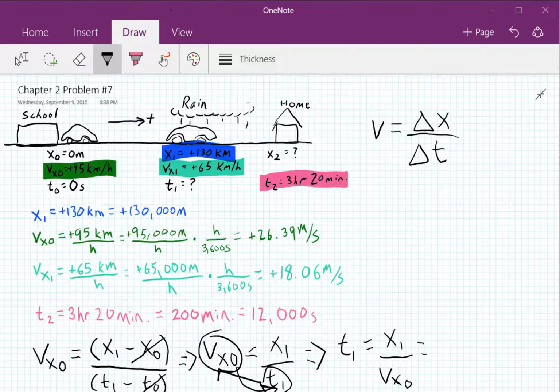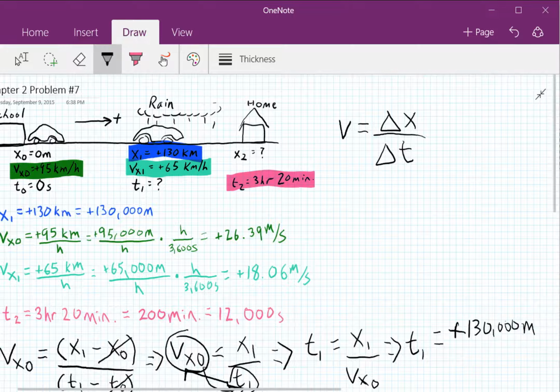So the values, you get t1 equals, and you want to make sure you're using the values that you converted. So you have a positive 130,000 meters all over the velocity.